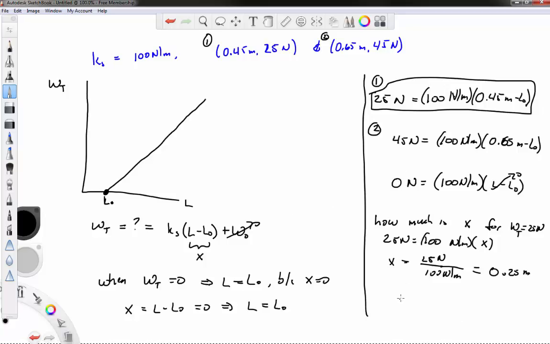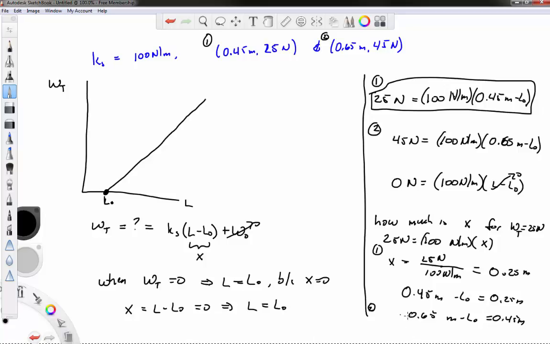Okay, well, notice that here we have 0.65 minus L naught is x, and here we have 0.45 minus L naught is x. So 0.45 meters minus L naught is equal to 0.25 meters, and this is using equation 1. If we used equation 2, we would have had 0.65 meters minus L naught is equal to 0.45 meters.